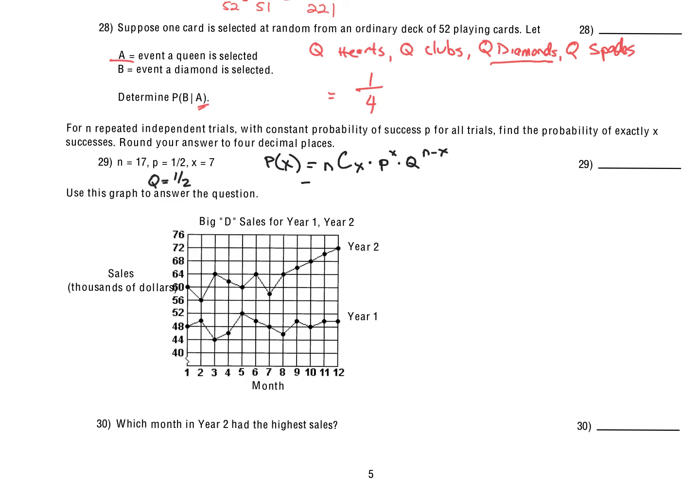Okay, so filling things in, this would be 17 choose 7 times 1/2 raised to the x, which is 7, times 1/2 raised to the n minus x, so that's 17 minus 7, which is 10.